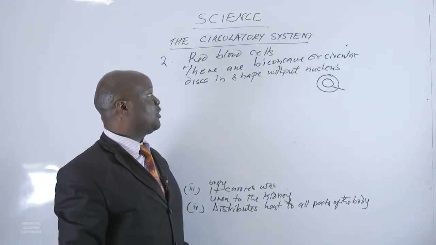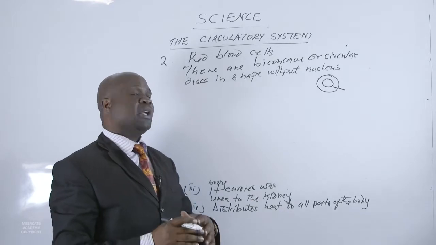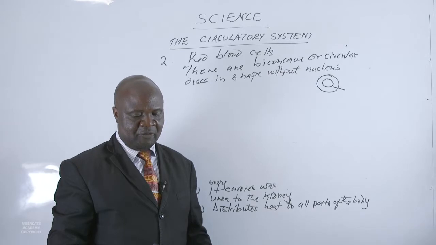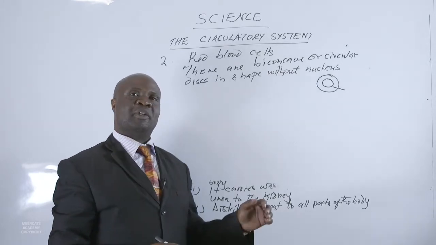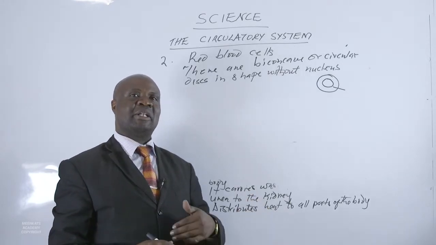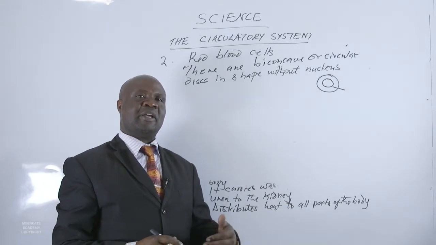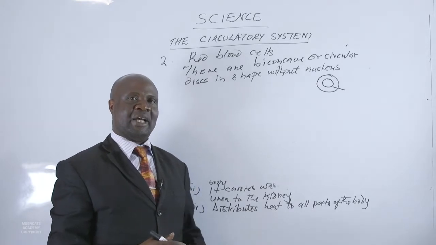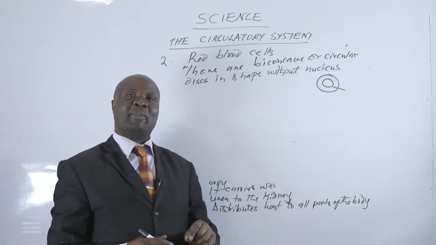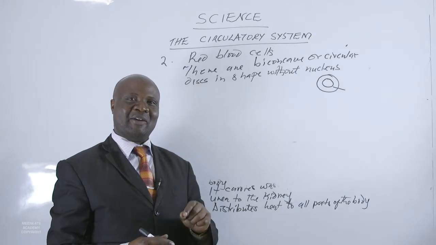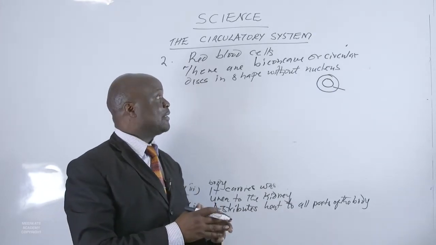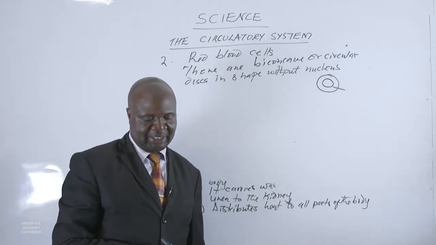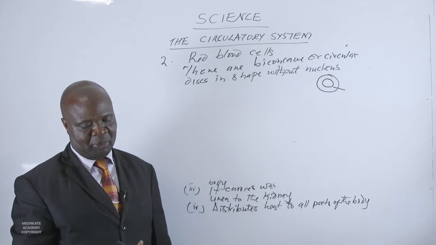They are very small, but they are numerous, meaning the body has plenty of red blood cells. They live for a period of 4 months, then they die, so they are normally produced at every given time. Red blood cells are produced in the red bone marrow. The bone marrow is responsible for the production of more red blood cells.